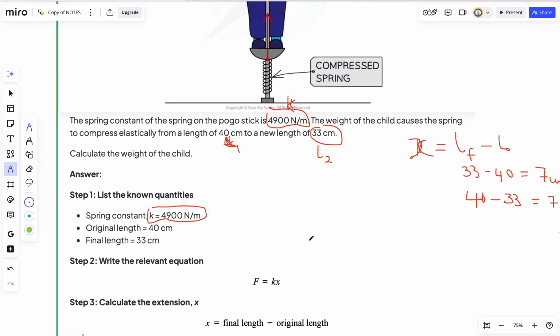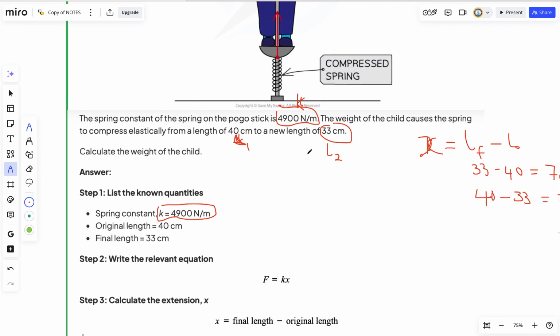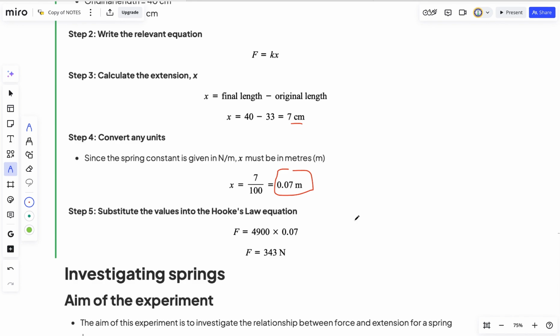Now we know the extension and we know the spring constant, so we can calculate the force. The question says we should calculate the weight. You know weight is the force, the weight of the child. So remember, F is equal to what? F is equal to Kx, where x is the extension and K is the spring constant.